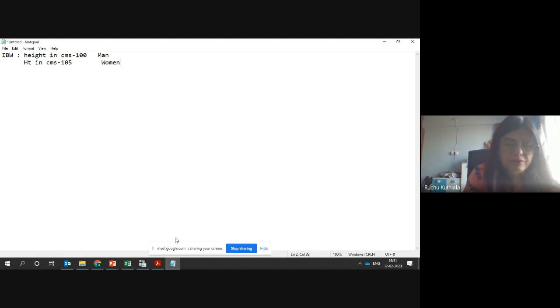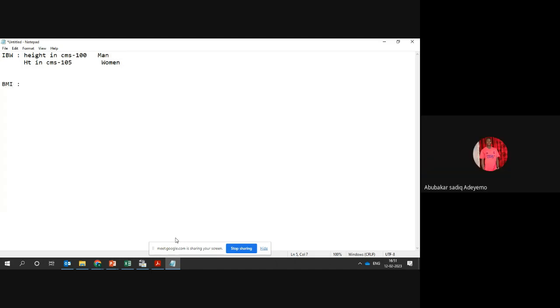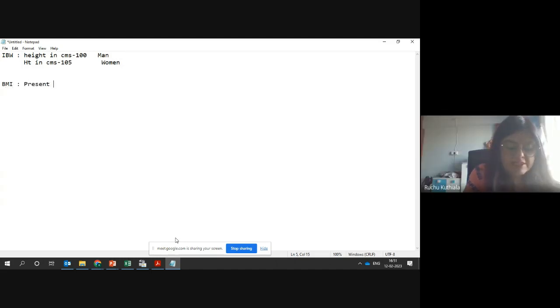Is this clear to you? Now BMI is calculated as present weight, whatever is the actual weight of your patient, and you divide it with the height but in meters, and you do the whole square of it.